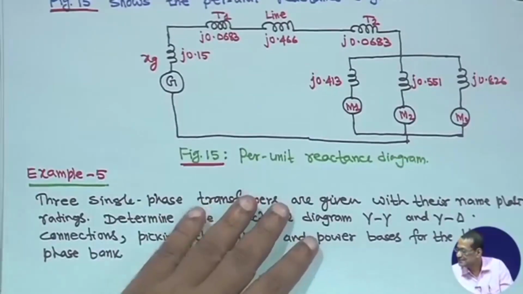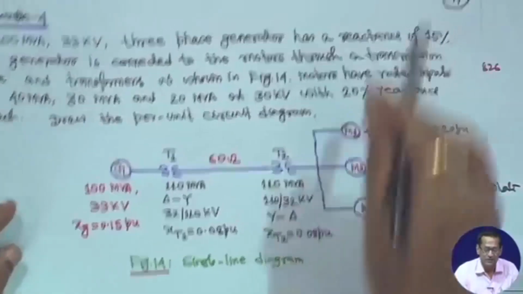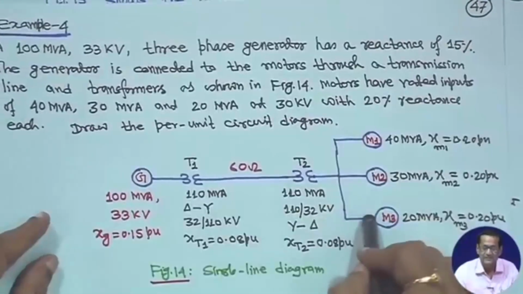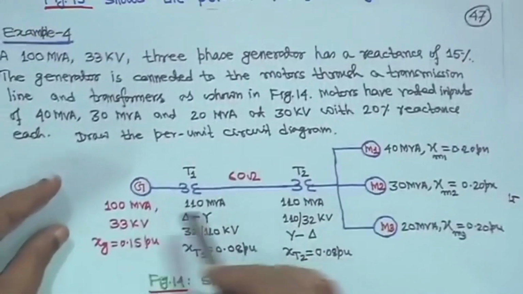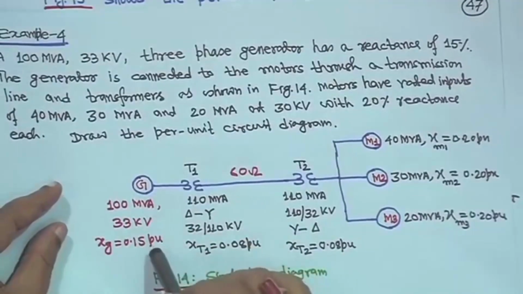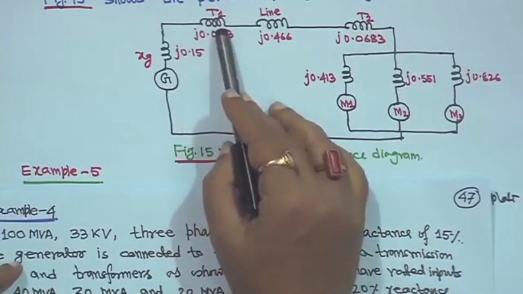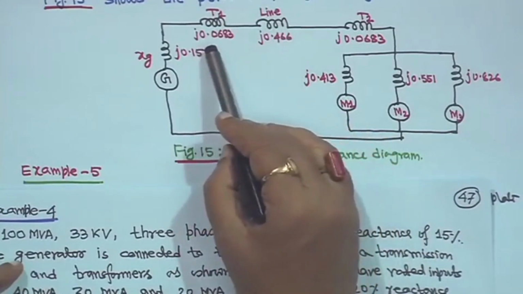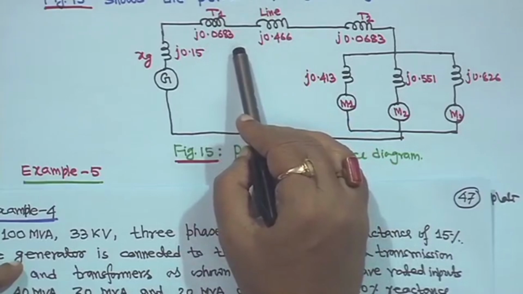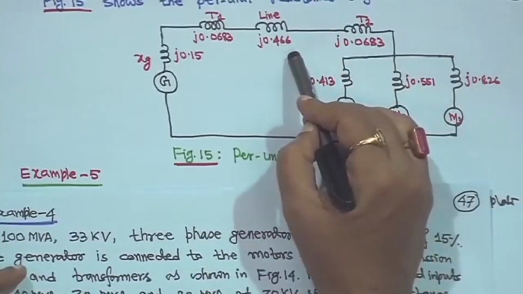This one is the single line diagram, a schematic diagram of all the given data, and this is your per unit diagram. This is the generator, whose reactance was 0.15 per unit. Then transformer T1, converted to a common base, is j 0.0683 per unit. Then this is the line, j 0.466 per unit.